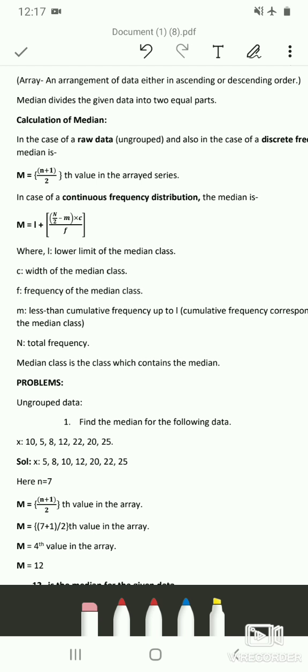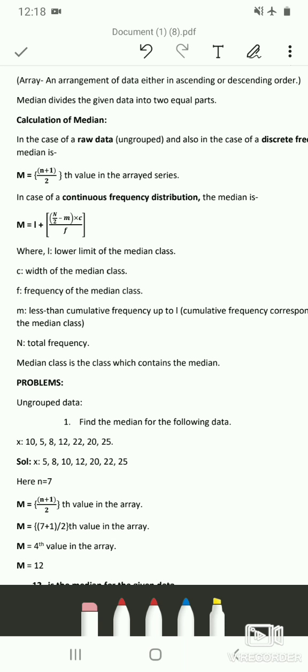The formula is capital M, that is median, is equal to the (n plus 1) upon 2 th value in the array series. You arrange the given data in ascending order, and then find the (n plus 1) upon 2 th value in the arrayed series, and that would be your median value. This is the same for discrete data also.